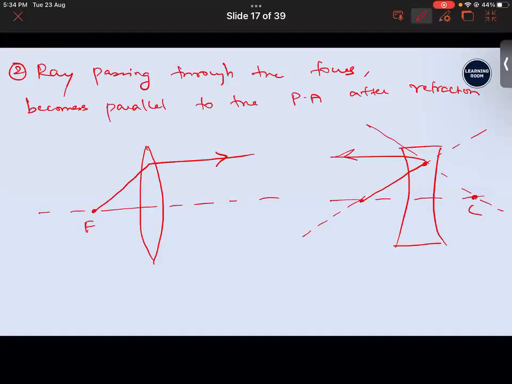Okay. The third point is when the ray passes through the optical center. What will happen to it? It will pass without any deviation. So third point, write it down. When the ray passes through the optical center, it travels without any deviation.